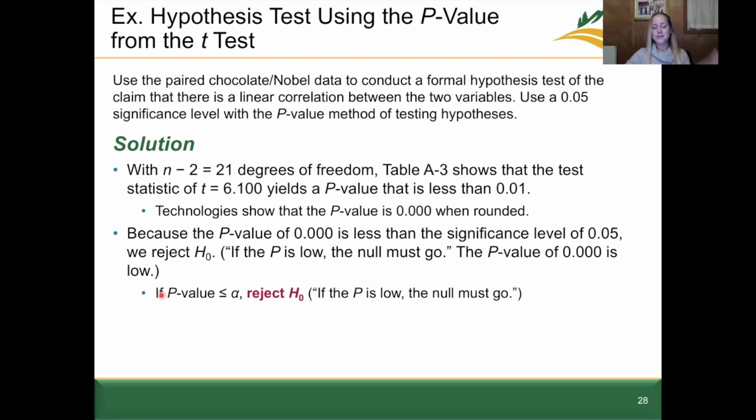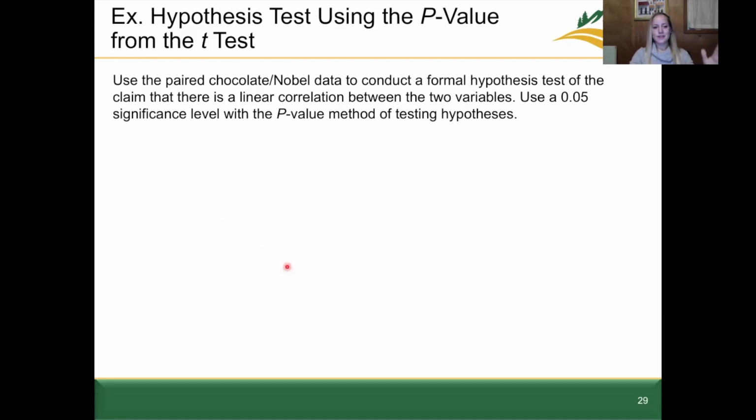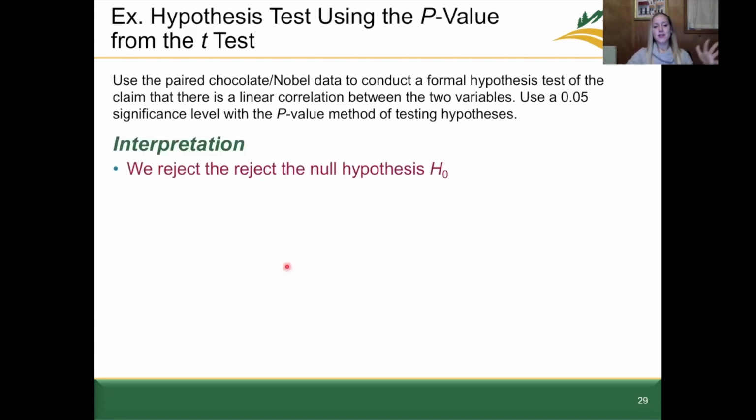Connecting this comparison of a p-value and an alpha value to our formal hypothesis testing, we decide to reject the null hypothesis. Why is that again? Well, our p-value is less than alpha, so we reject the null hypothesis. Here for the interpretation, we decided to reject the null hypothesis that rho is equal to 0, meaning we reject the fact that we have no correlation.